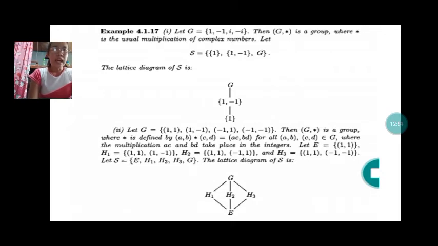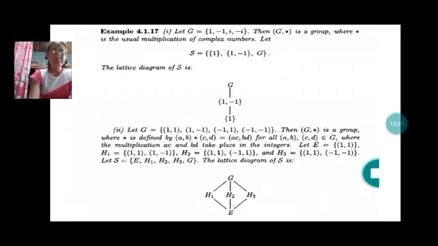So let S be the set {1}, {1, -1}, and G. The lattice diagram of S is this: G is connected to {1, -1}, and {1, -1} is connected to {1}.